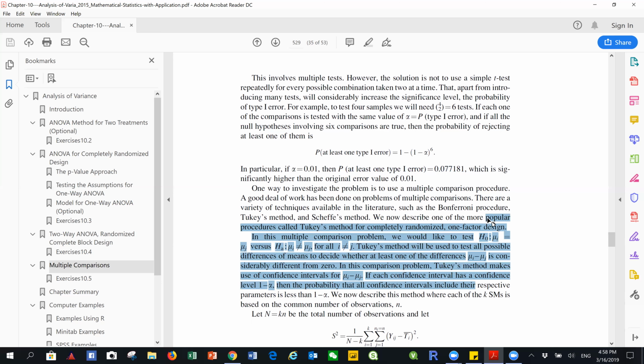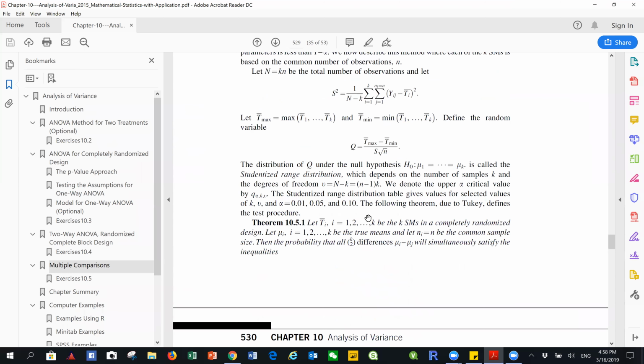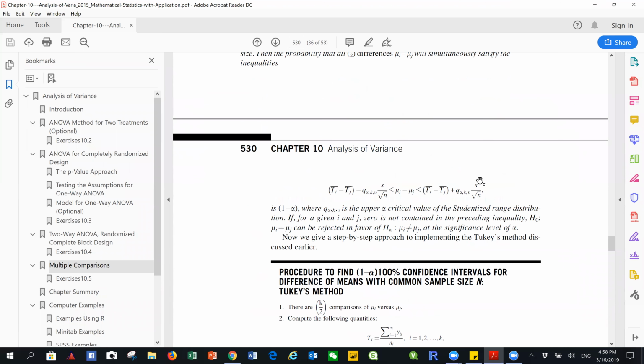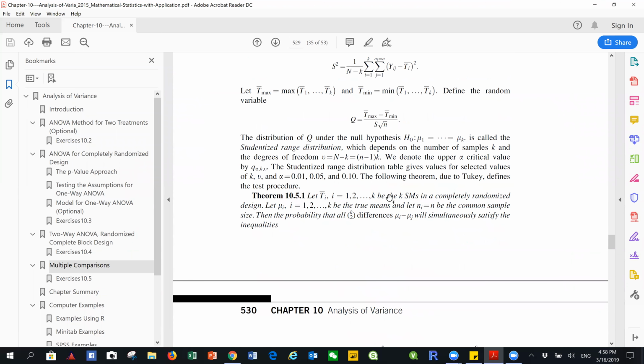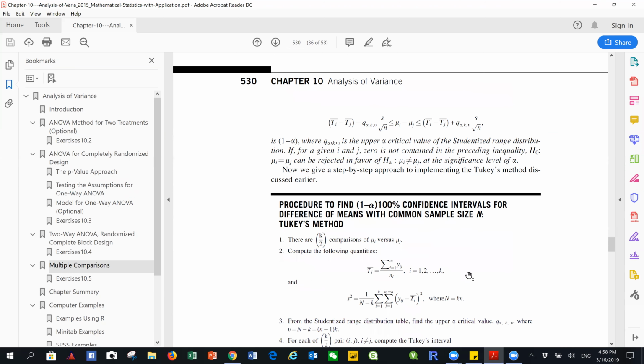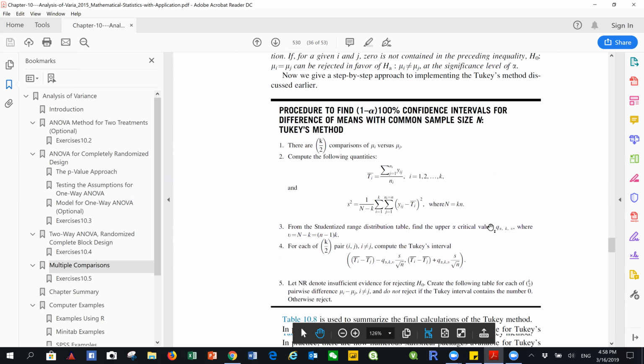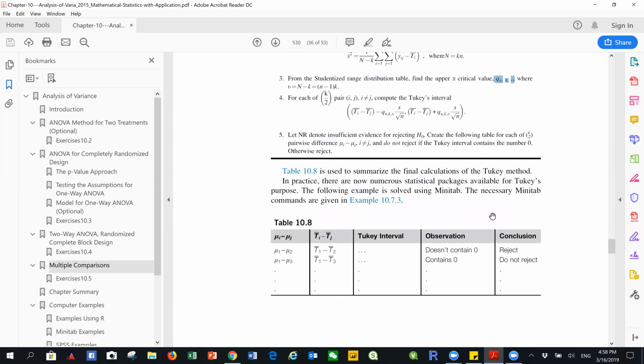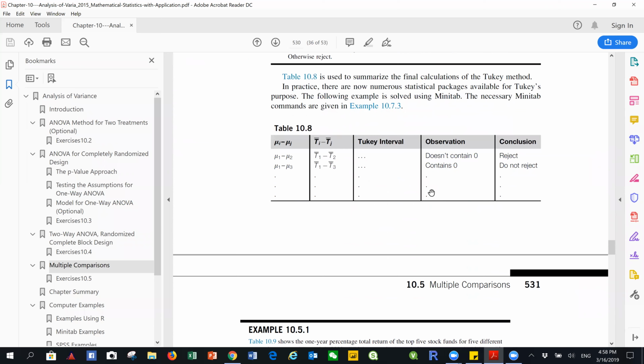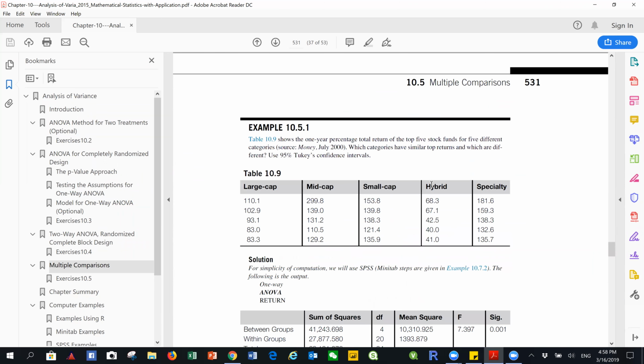Then you can equate the overall to 0.01 and deduce what alpha you need for each separate t-test. I'm not 100% sure, I'm just using this to illustrate how you can get Q. If you are interested, you can refer to the reference to see how that Q is calculated. All right.